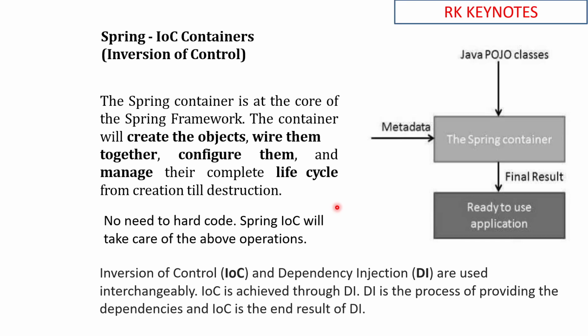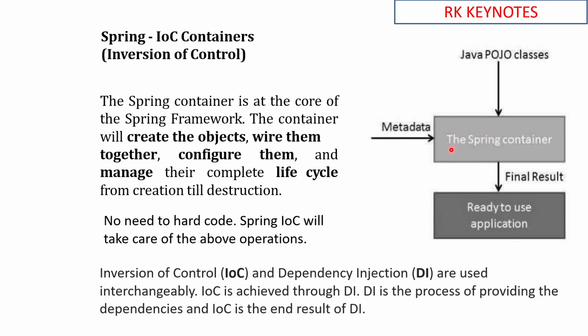Now, this inversion of control is possible only through dependency injection. So dependency injection will provide the dependencies from the bean file. Okay. And IoC will just execute it. Means IoC will take care of that. So here you can see the Spring container. There are two possible ways to create a Spring container.